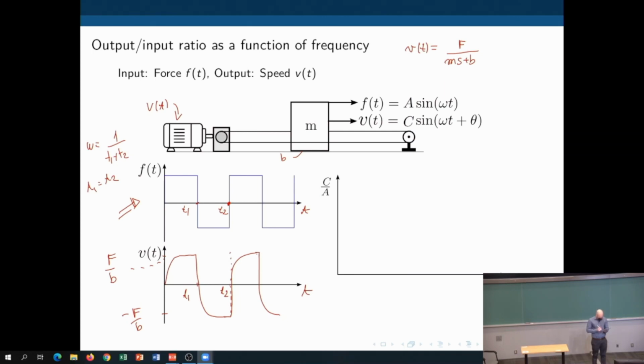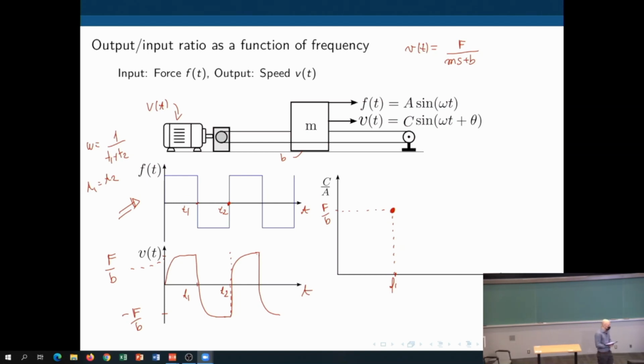So if we were here, let's call this frequency F1. At frequency F1, we got a value of F over B. That's the maximum speed that the mass has reached.